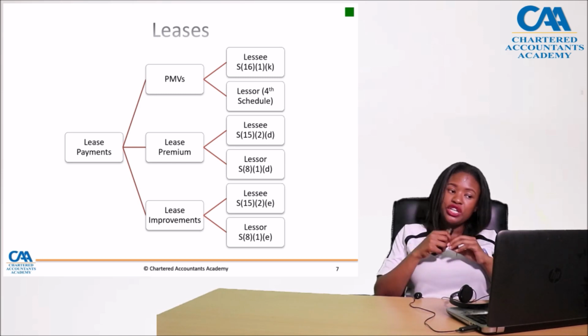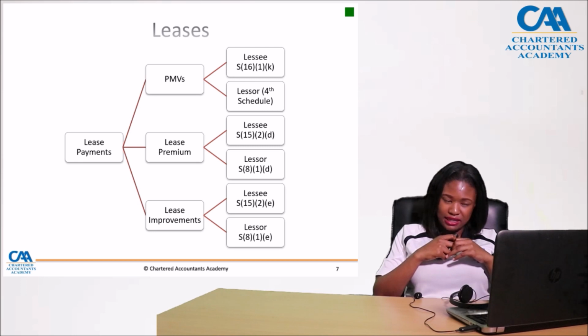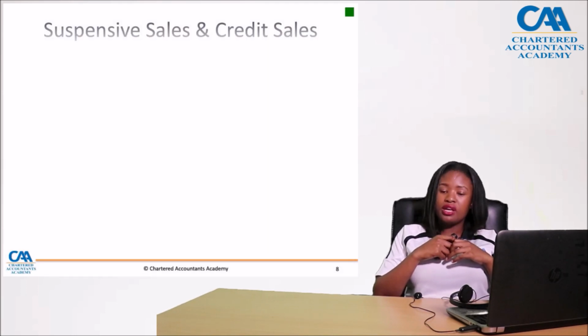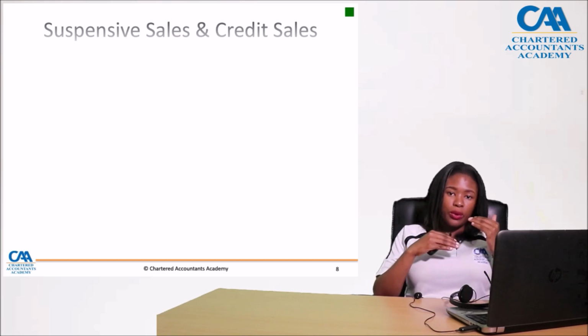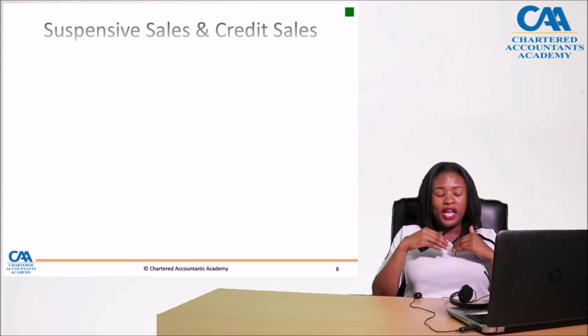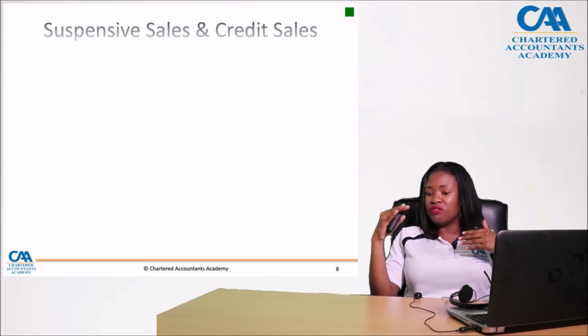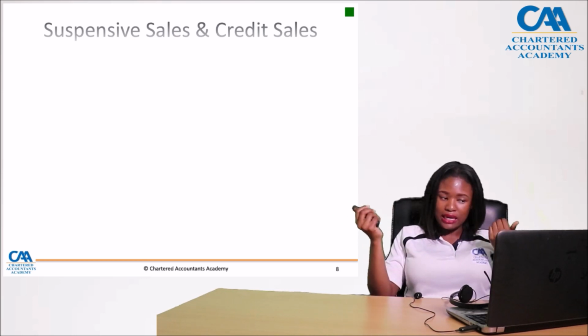Then lastly, we're going to look at suspensive sales and credit sales. So from our gross income definition, you agree with me that the moment someone, because if I could explain first the suspensive and credit sales. This is, for example, where you go to a TV store and you buy your TV and then you pay over a period of like 12 months or something like that.